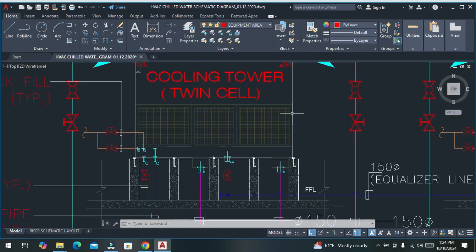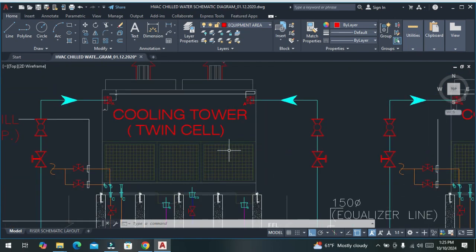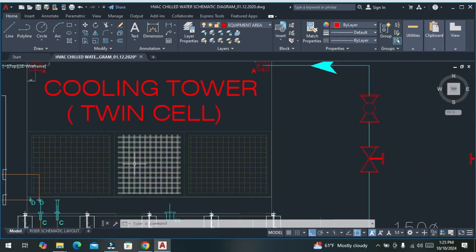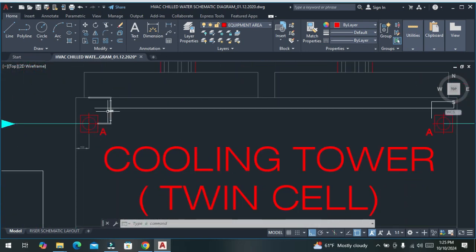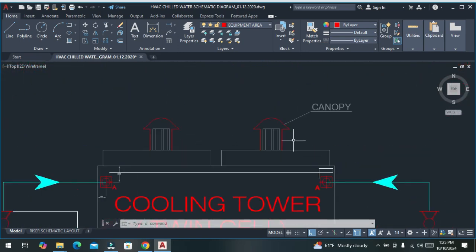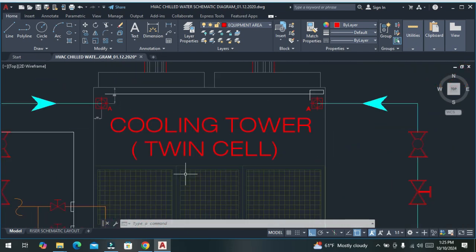Basically this is the collection tank, the catchment area, and this is the surrounding cover for safety reasons, and this is the fan which extracts the heat towards the ambient.